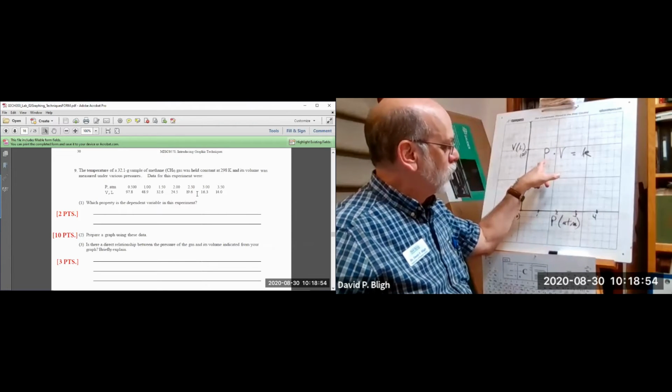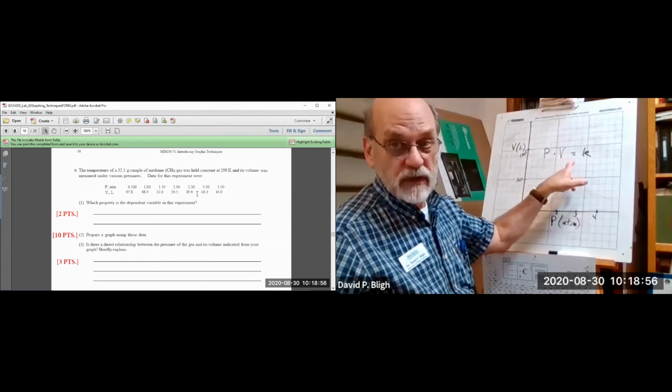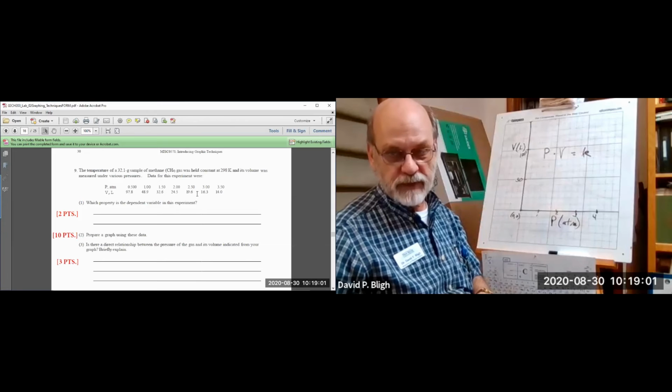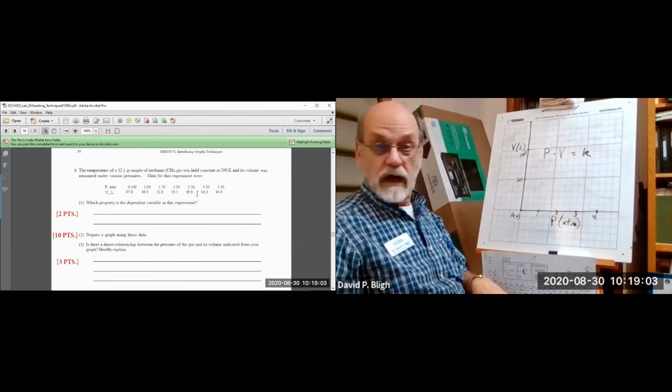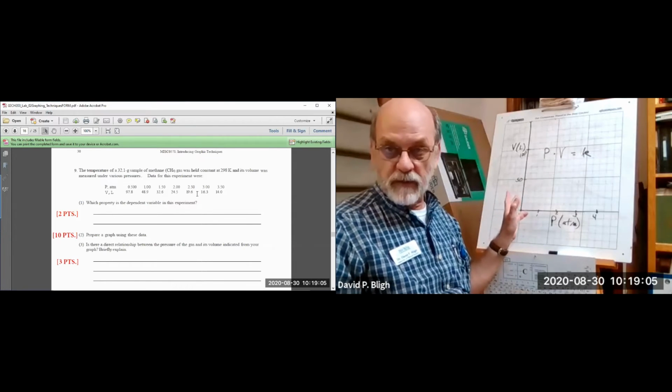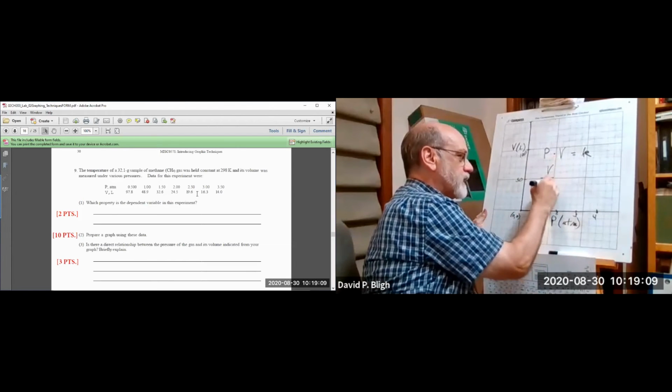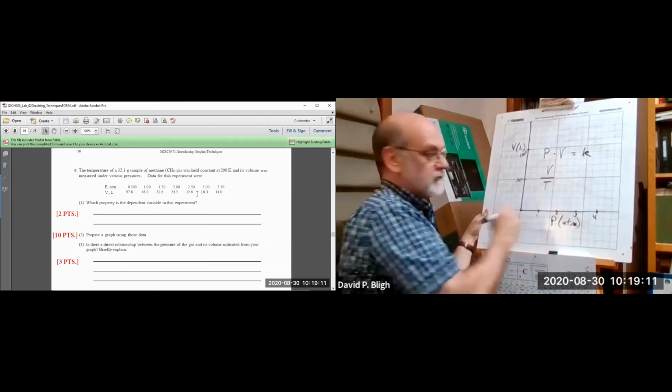Anytime you see one variable times the other variable equals a constant, that's always an inverse relationship. Our previous experiment, volume and temperature, that relationship is a quotient.